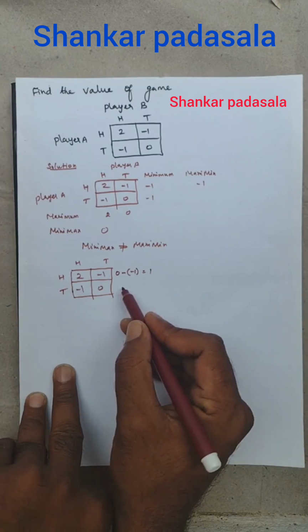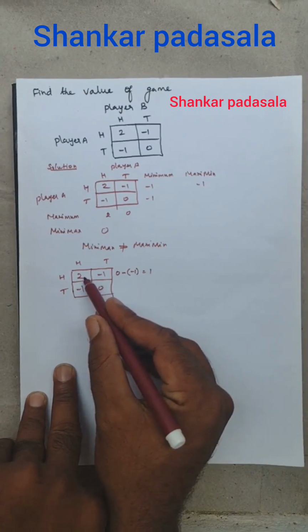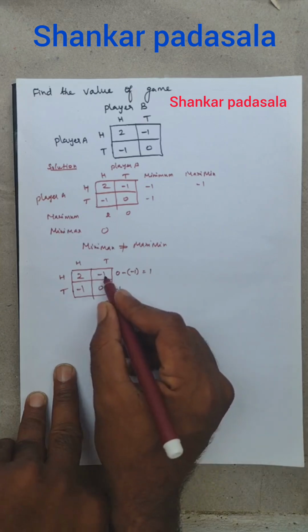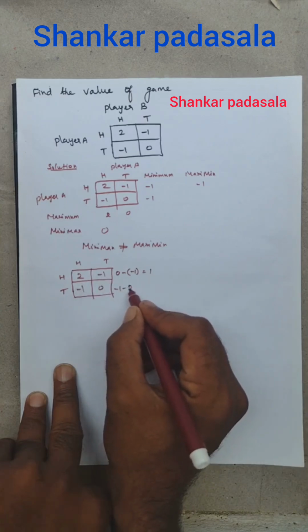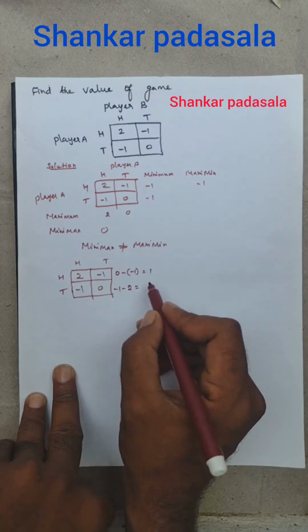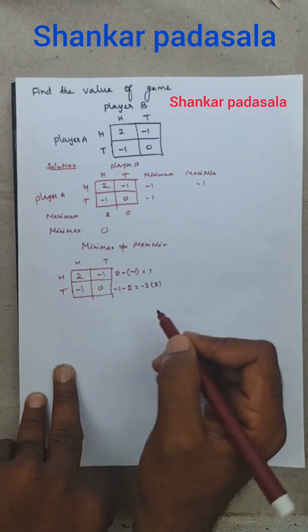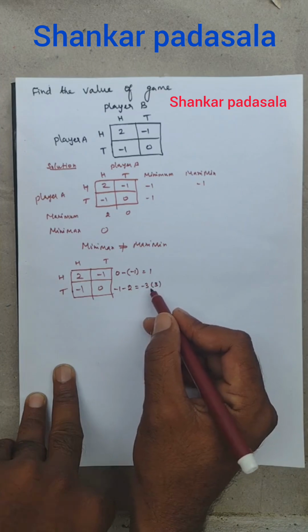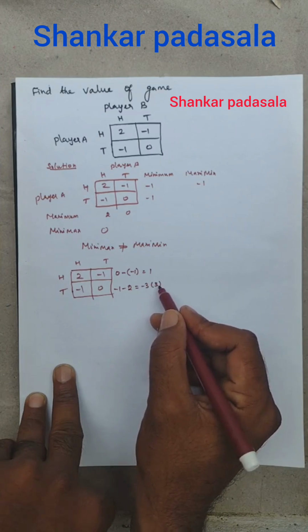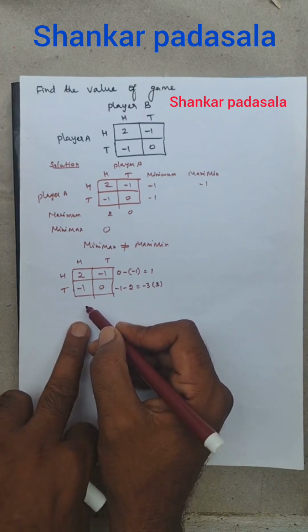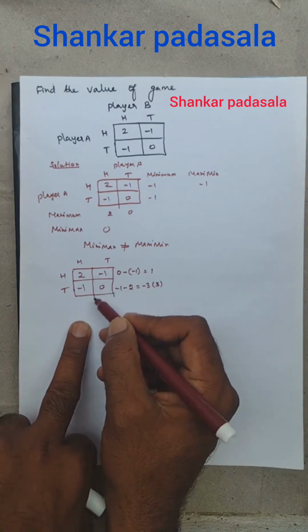So here in the second row I am going to find the difference between the first two values. Here -1 minus 2 gives -3, but ignore the sign, you write +3. Ignore the sign, you use only plus. Now similarly in the first column, the second column difference I am going to write.